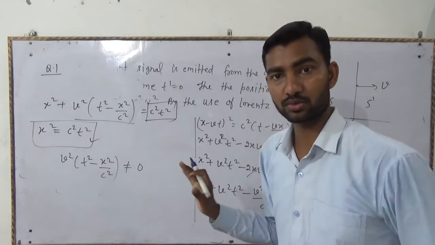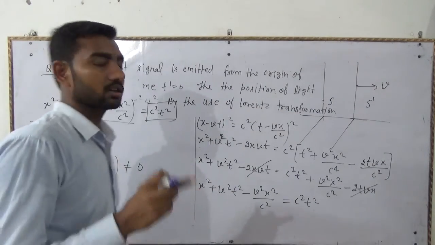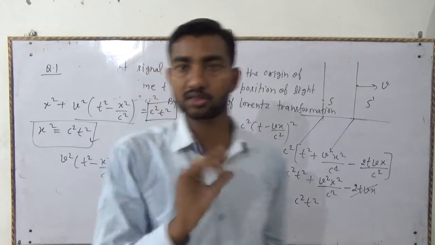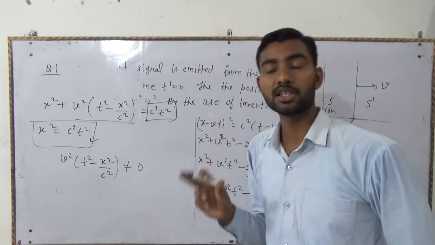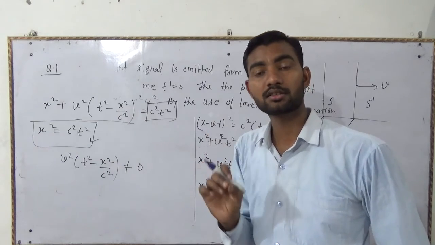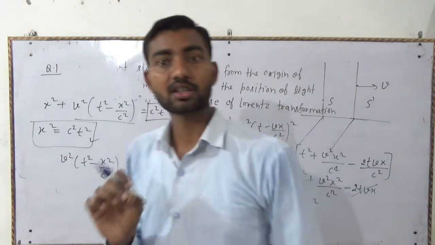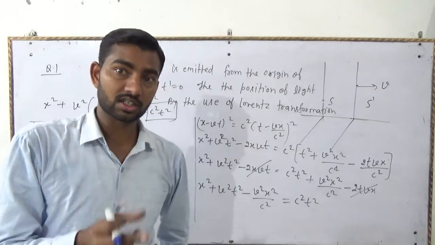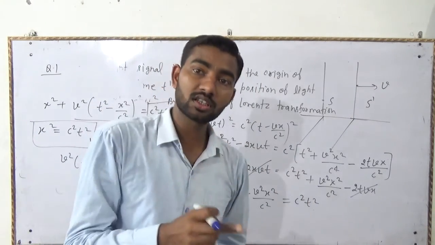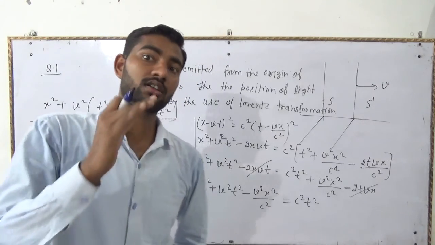And one more very important result we are getting from this problem: the speed of light c is always constant. It does not depend upon the frame of reference. Whether the frame of reference is moving or at rest, it is not a matter for the speed of light.